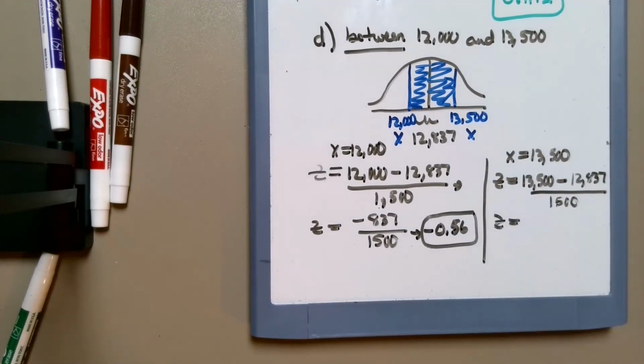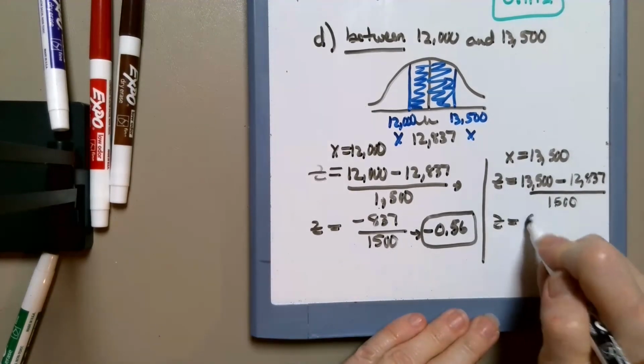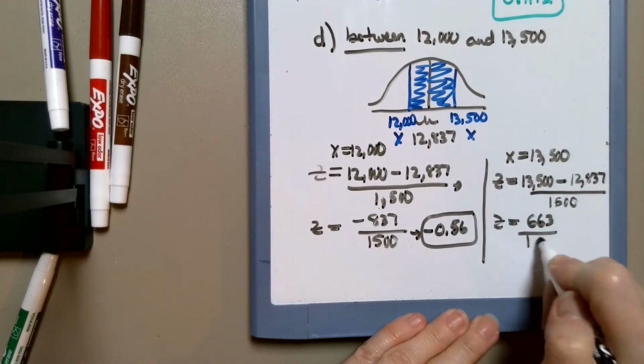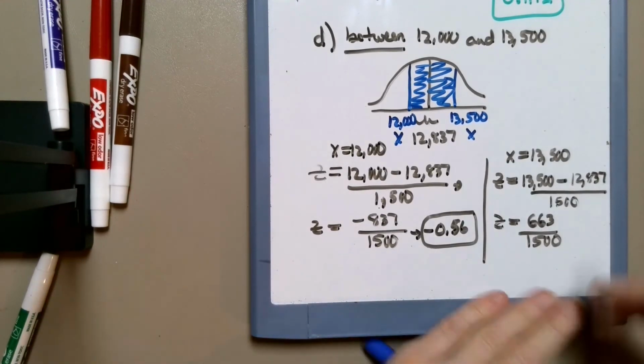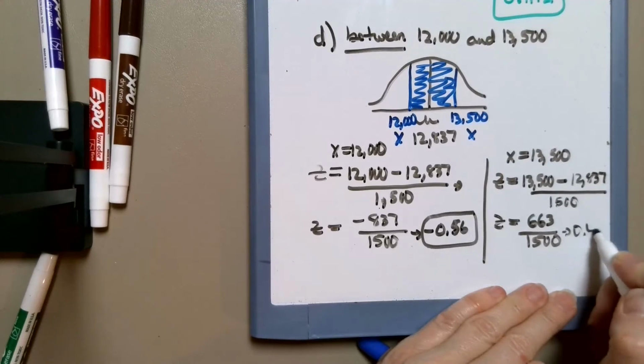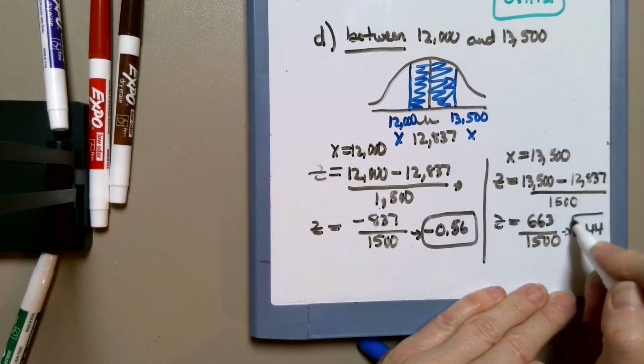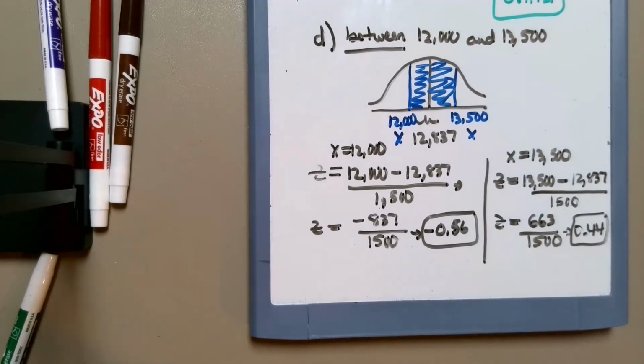Subtracting that, 13,500 minus 12,837 gives me 663 over 1,500. Dividing that out, I get 0.442. So I'm going to keep the 4 because after the 4 is a 2. So I'm going to look those both up in my z-table.